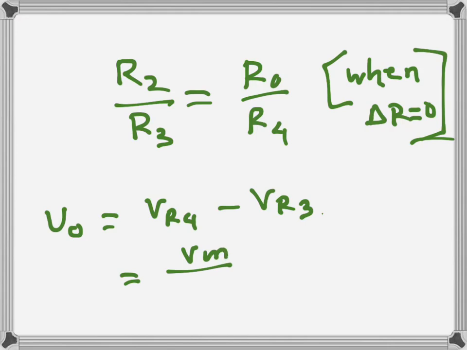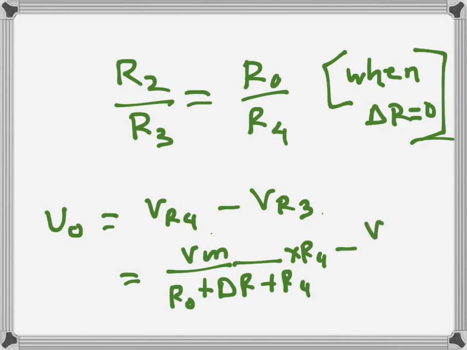So VR4 will be V in over R0 plus del R, that is this resistance, plus R4, just the voltage divider rule, times R4. And this one will be again V in over R2 plus R3 times R3.